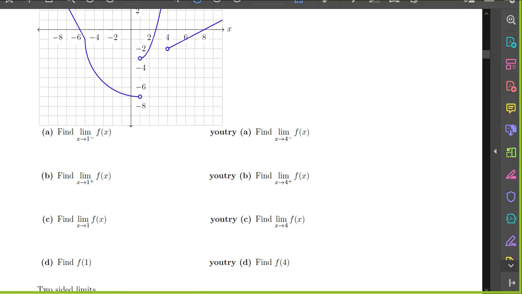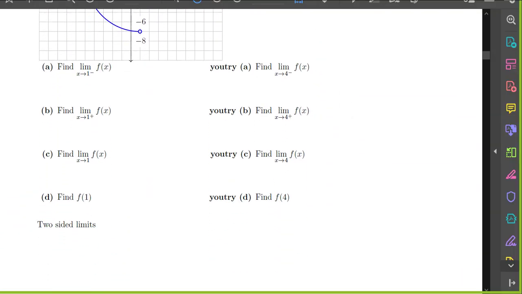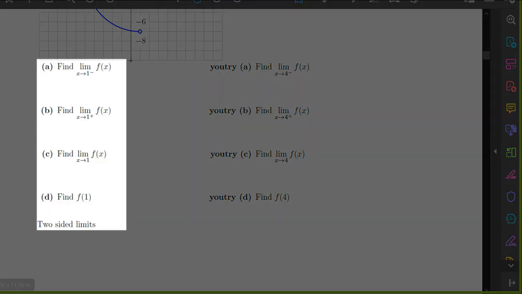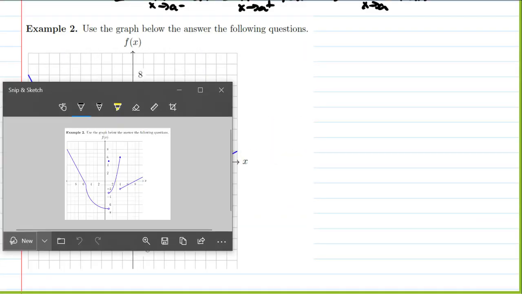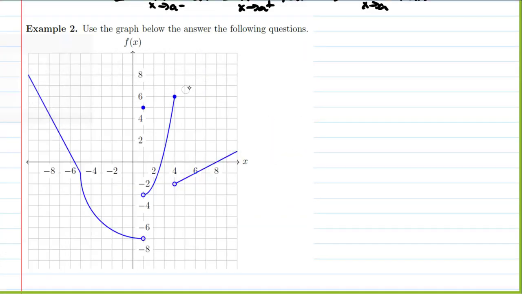Let's take a look at our following questions. So I will start with the I do column, and then the second column is for you guys to practice.